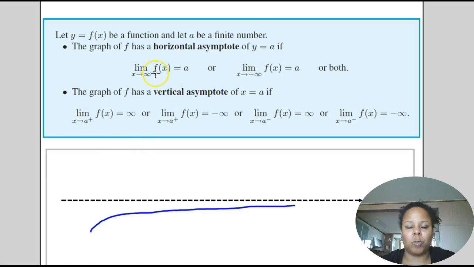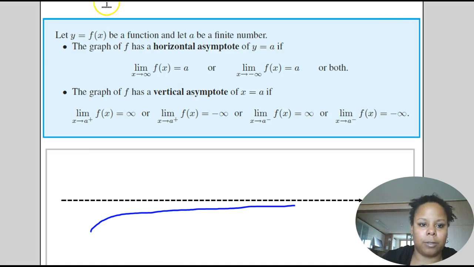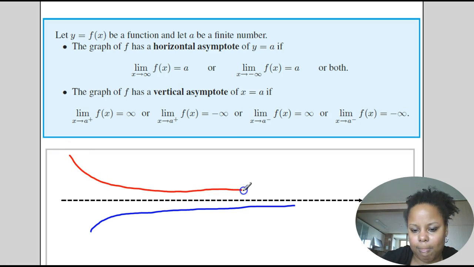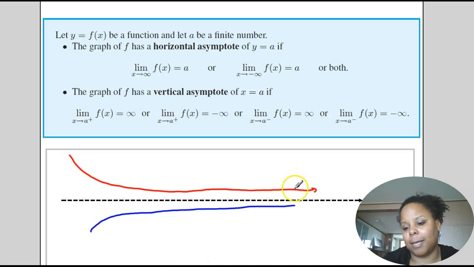A vertical asymptote is what we saw with logarithms. The graph will not cross the vertical line. And I wanted to point out two things. Let's say I have two graphs. Here's one graph and here's another graph. They both have the exact same horizontal asymptote. This graph will never cross below the line, and this graph will never cross above the line, okay?